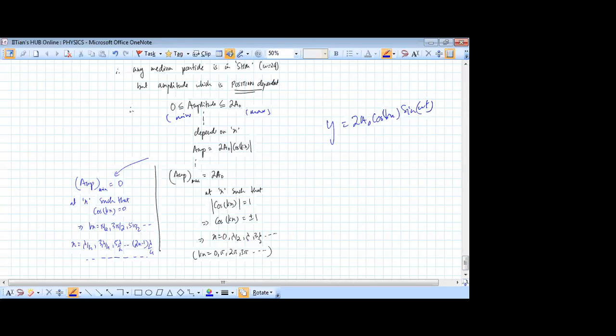They are the positions at which the value of x is 0, lambda by 2, lambda, 3 lambda by 2, etc. Whereas the positions having minimum or 0 amplitude are the positions at which x is lambda by 4, 3 lambda by 4, or any odd multiple of lambda by 4. More about this we'll understand when we look at the graphs of the snapshot pictures.